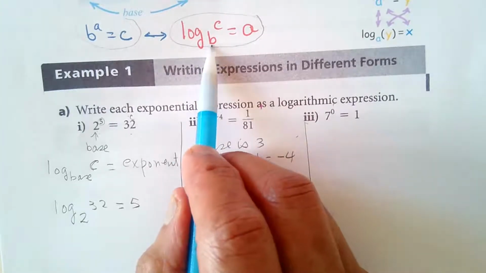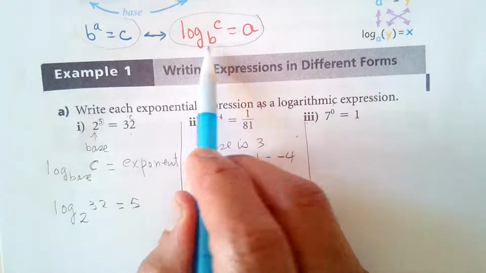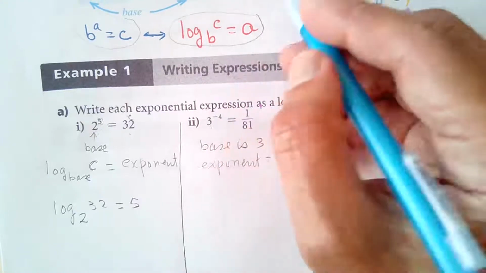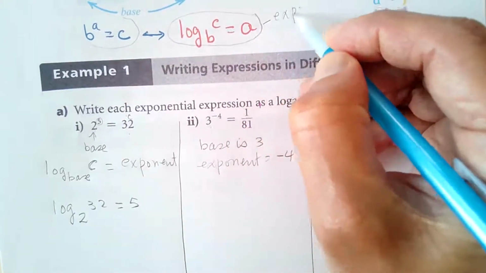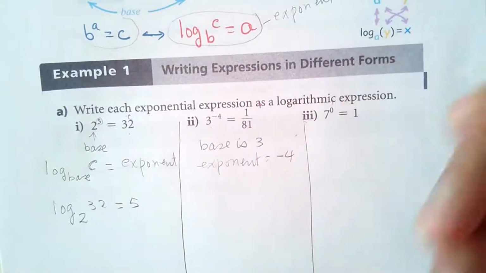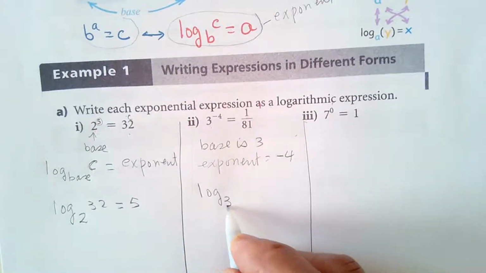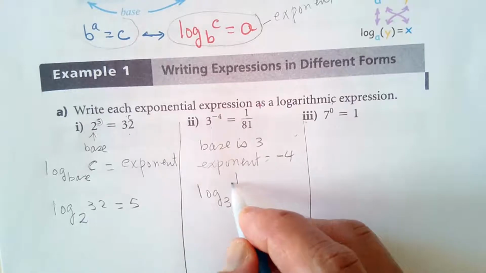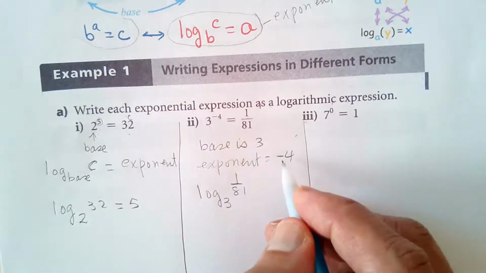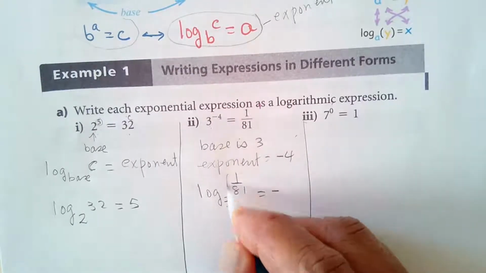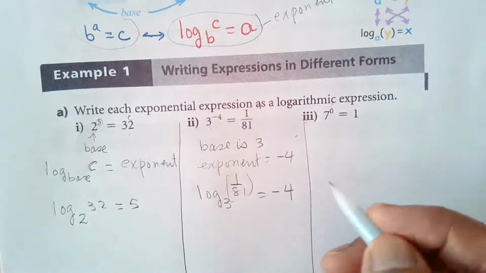So go back to here. This is our base, and this is our exponent right here. So log base 3 of c, which is 1 over 81, and this is our exponent, negative 4.